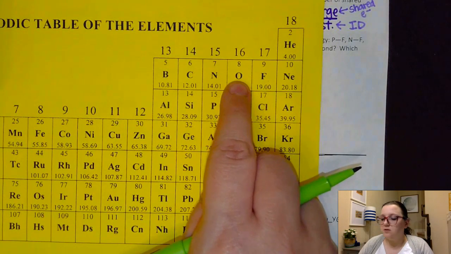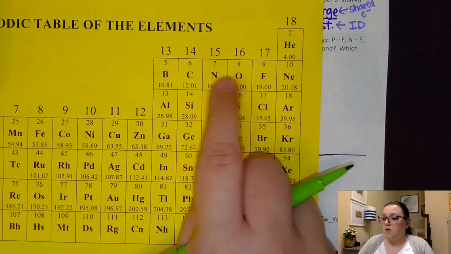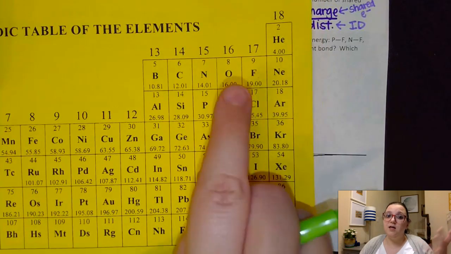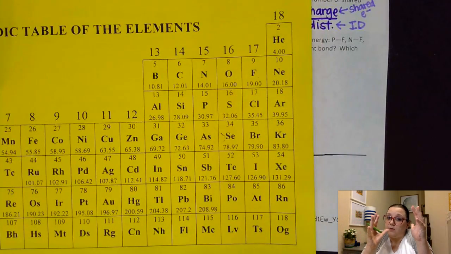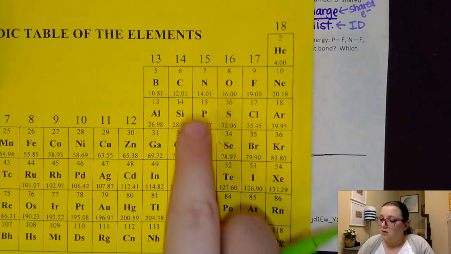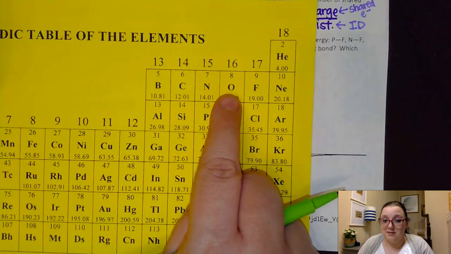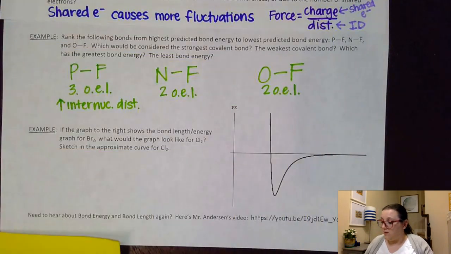Yeah, they're in the same period, so they have the same occupied energy levels. But think back to atomic trends. Oxygen has more protons, which means its effective nuclear charge is greater. And if that's greater, then it's going to have a slightly smaller radius than the nitrogen. So if it has a slightly smaller radius than the nitrogen, then that means it's also going to have the smallest internuclear distance. Again, the fluorine's the same in both of those.